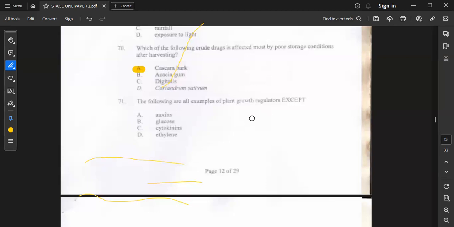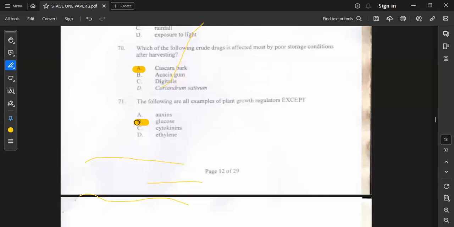Now, which of the following are not plant growth regulators? Auxins, we know it is, glucose, cytokinins, and ethylene. So obviously glucose. Can somebody remind us how each of them works?